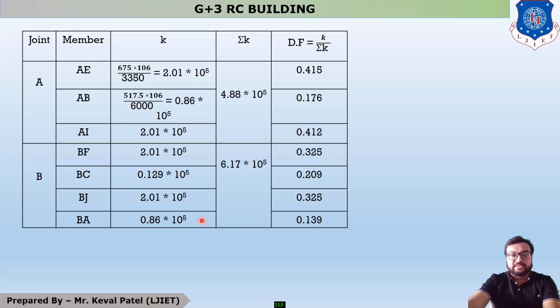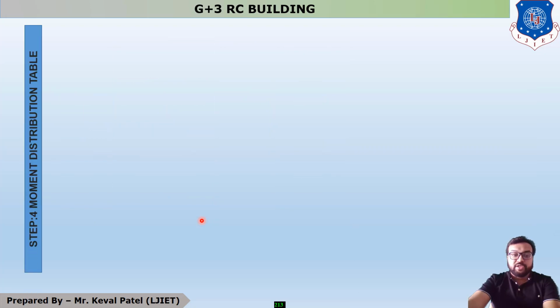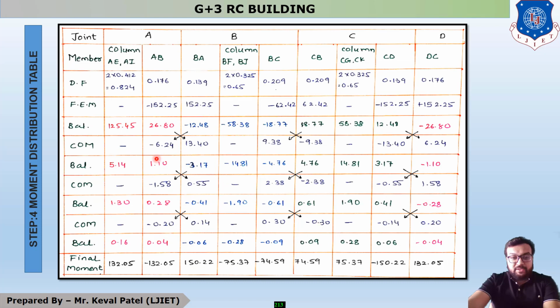After calculating step number 3, the most important step of this example is to find the moment distribution table. This moment distribution table is just a revision of your semester 5 subject, SA1 and SA2 structural analysis, in which the support is a fixed support.